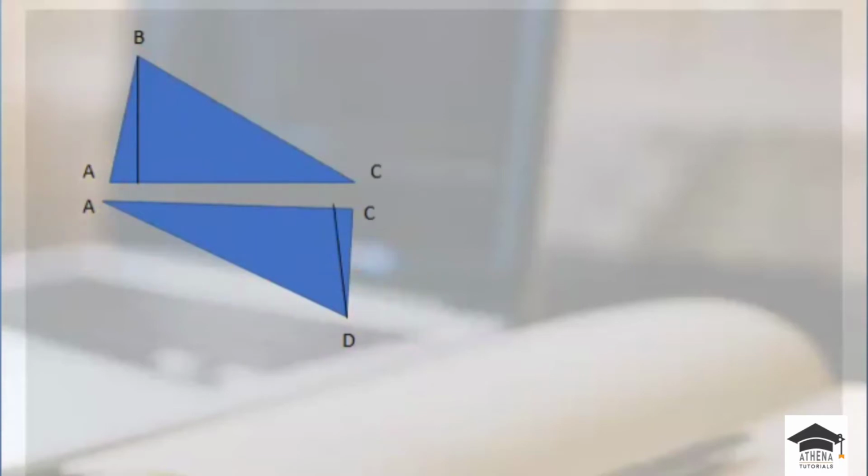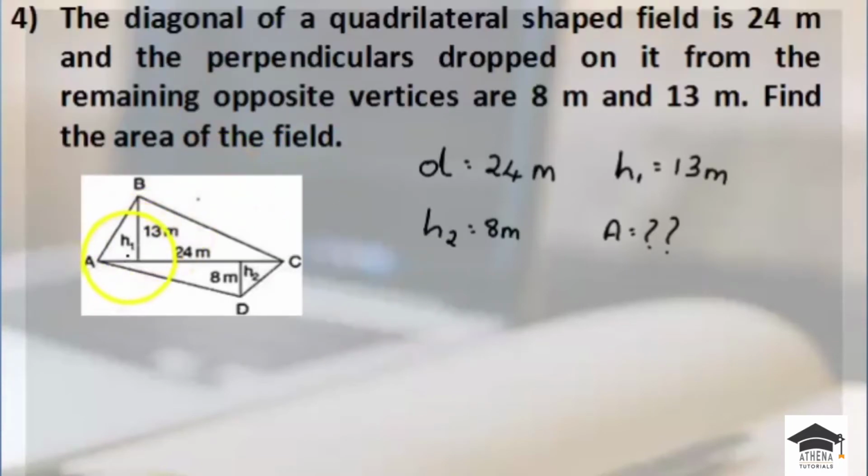In this figure also I have split it into two parts, one triangle and another triangle. If we find the areas of these two triangles individually and add them, we will get the area of this complete quadrilateral. Okay, let's do it step by step.